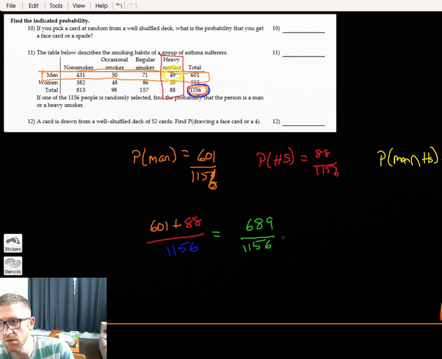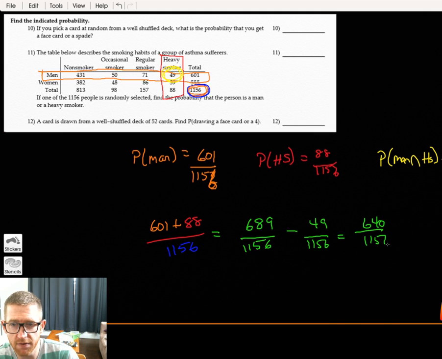That would not be correct, because we're forgetting the overlap of 49. So we subtract the 49 to get 640 out of 1,156, or the decimal equivalent, which is the actual answer.